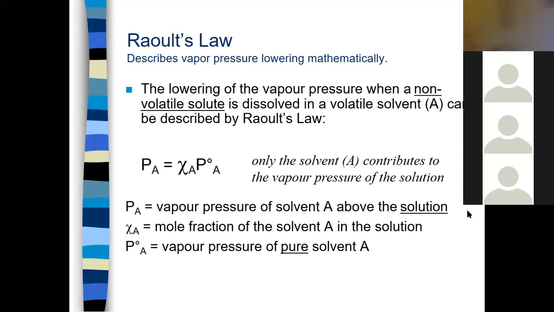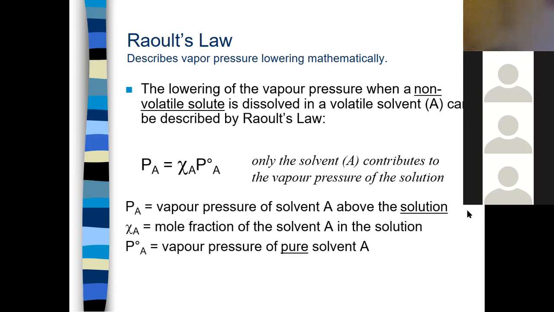So Raoult says that the vapor pressure above the solution, so PA, is equal to the mole fraction of the solvent in the solution, so XA, times the vapor pressure of the pure solvent. Pure is designated with the degree symbol here. So the little degree symbol means pure.